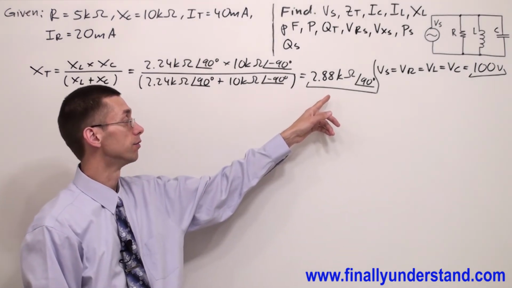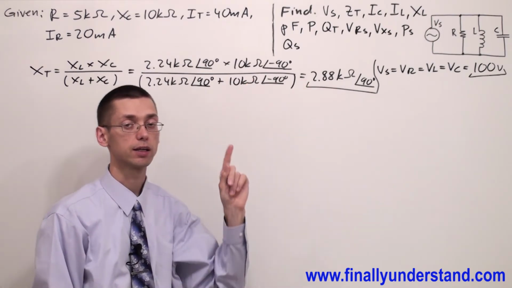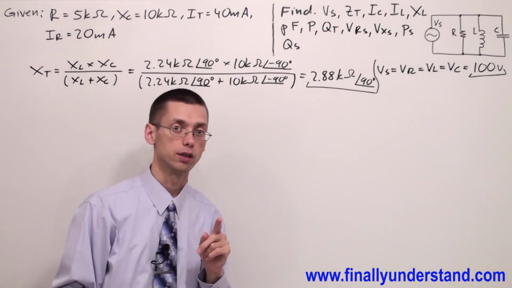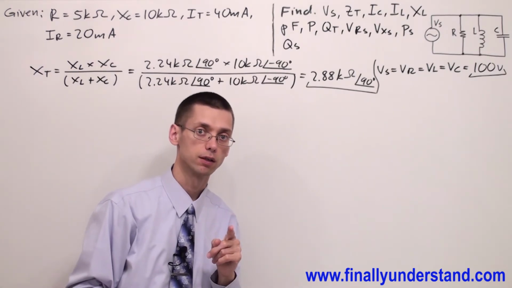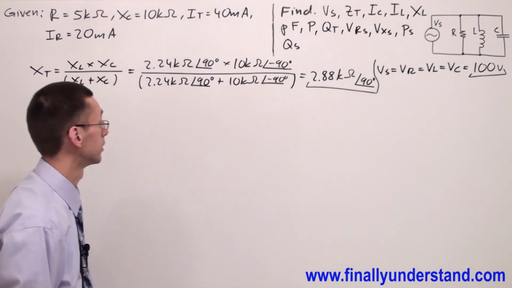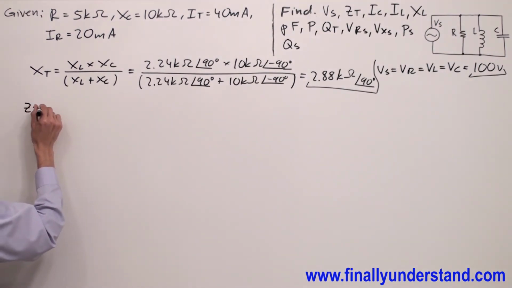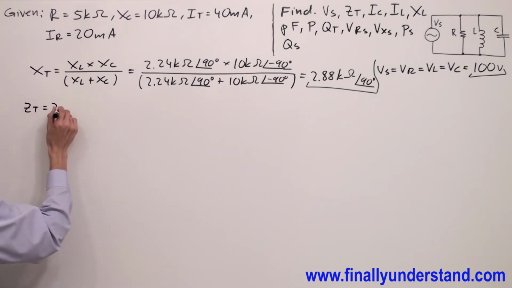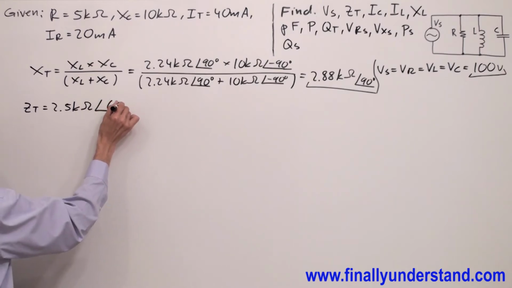If the angle is going to be positive from this calculation for the inductor and capacitor, the total impedance is going to have also positive angle. So please remember that our Z total is equal to 2.5 kiloohms and angle of 60 degrees.